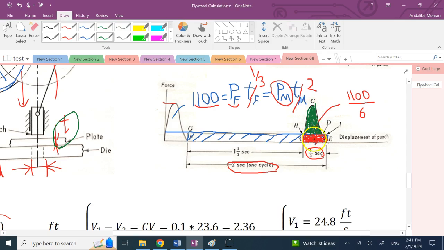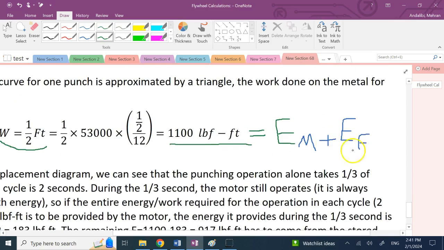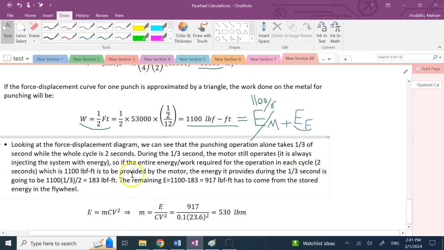The rest of it, this red one, comes from the motor. So really this guy is 1100 divided by 6. From here, if you solve for the energy required by the flywheel, it is 1100 minus 1100 over 6, which is 183.